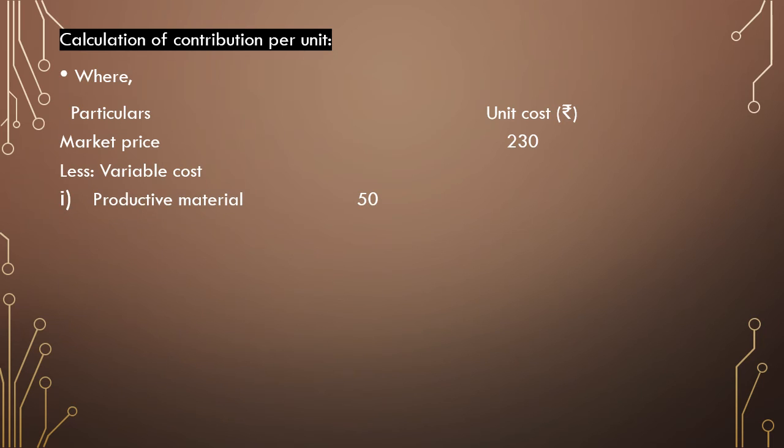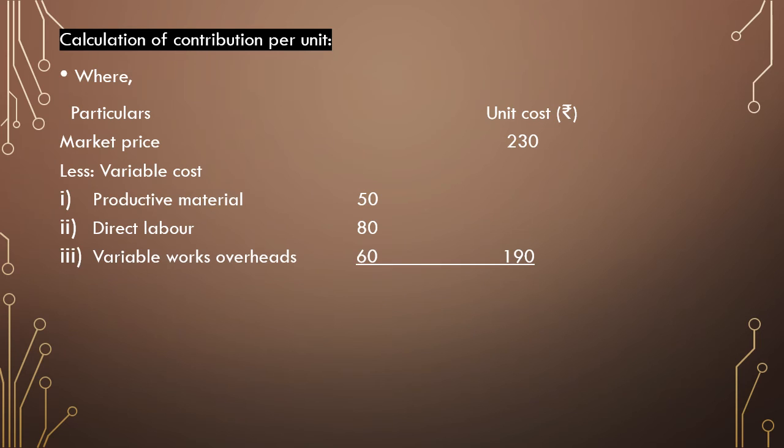Less variable cost. So the first variable cost element is the productive material, that is rupees 50 per unit. Second, direct labor, which is again given 80 per unit. Variable works overheads, which are 75% of prime cost labor.